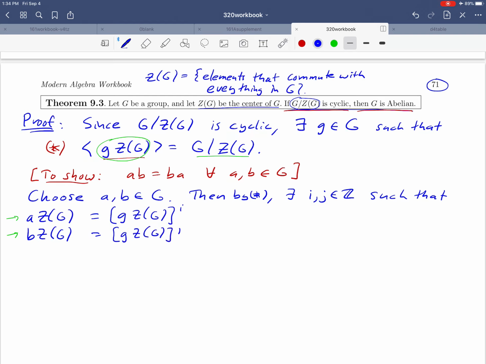We're just saying we know that those powers have to exist because our factor group is cyclic. And then we remind ourselves what that means. If we take the coset G times Z of G and raise it to the ith power, by definition, that's just G to the i times Z of G. A similar statement is true down here. So we've got those two statements.